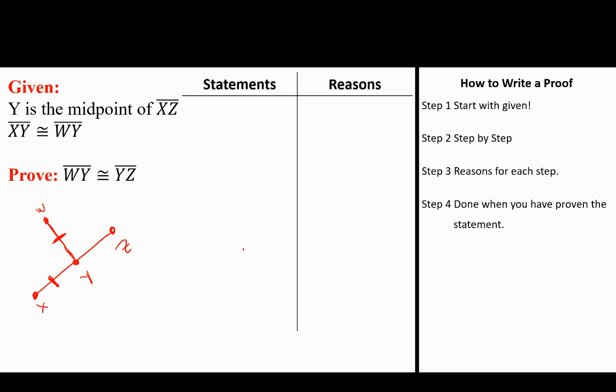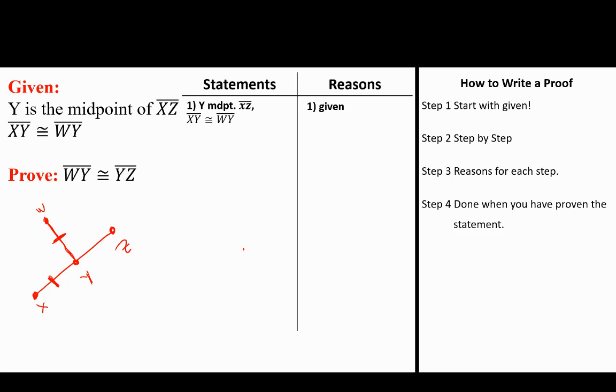So let's start. First statement is that Y is the midpoint of XZ, which we should know because it's a given, and that segment XY is congruent to segment WY. Both of those are because they're given to us. From there, ladies and gentlemen, Y is the midpoint of XZ.